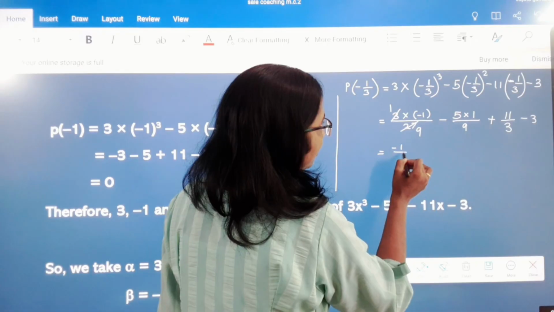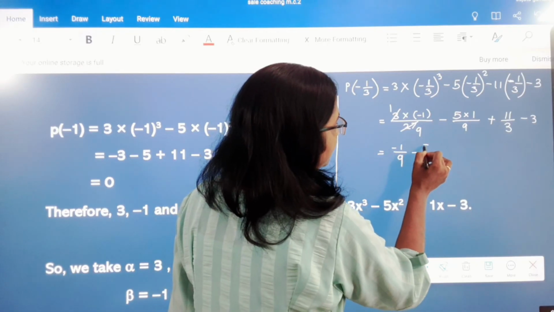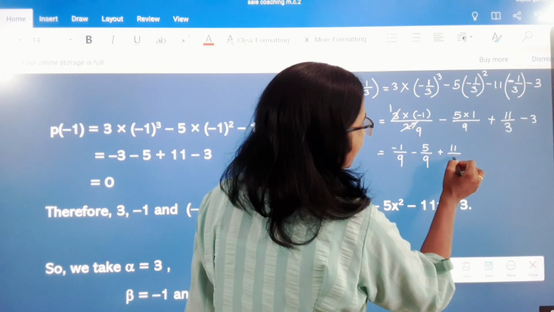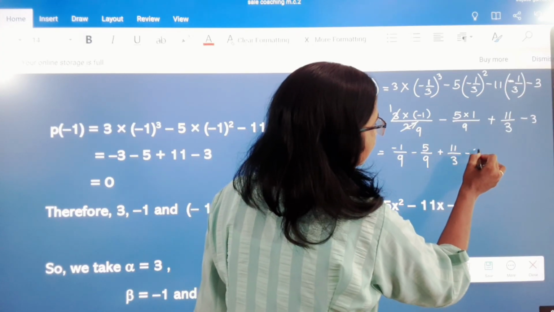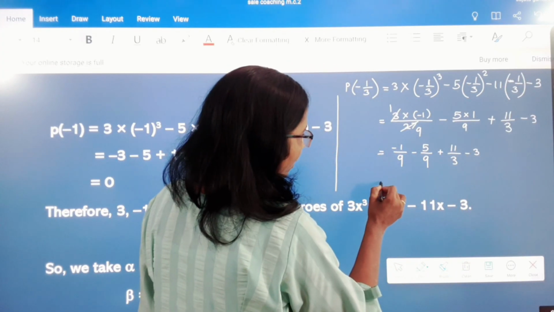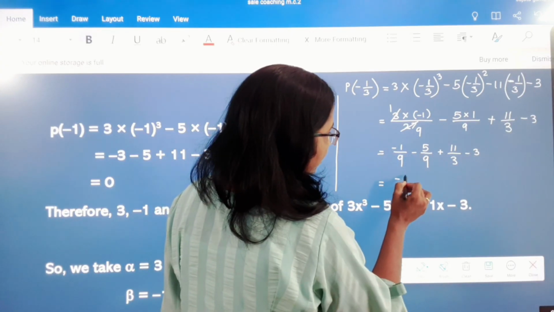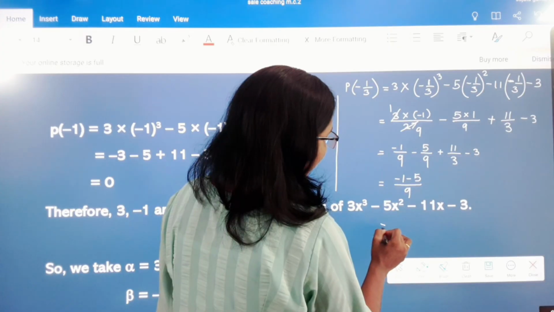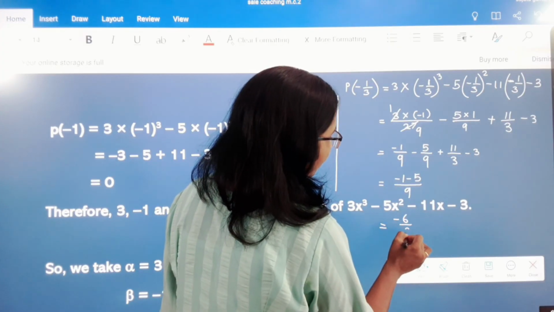So minus 1 upon 9 minus 5 upon 9 plus 11 upon 3 and minus 3. Now minus 1 minus 5 upon 9 is equal to minus 6 upon 9.